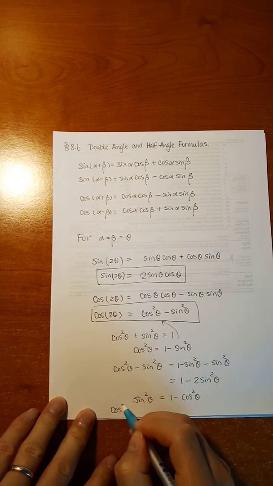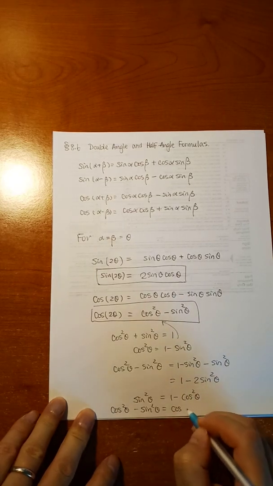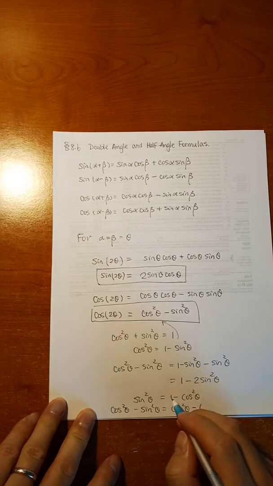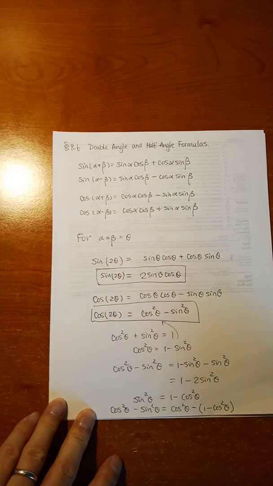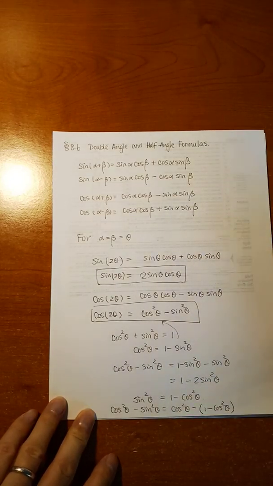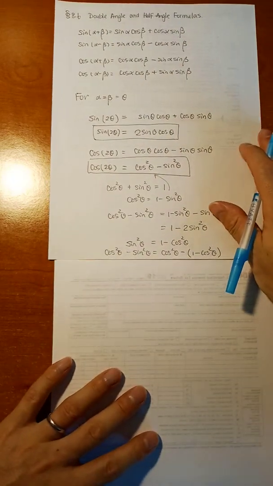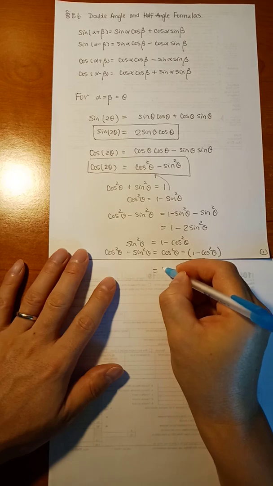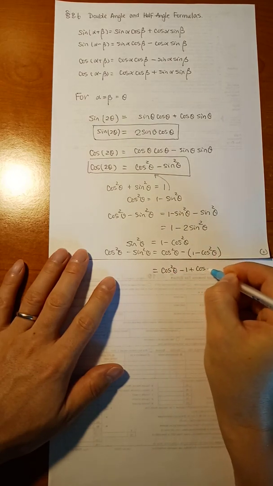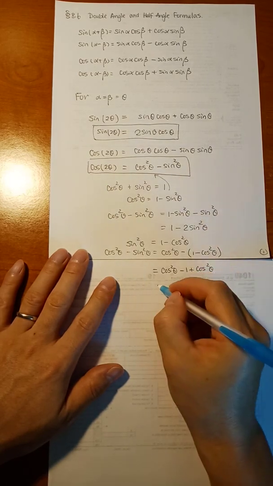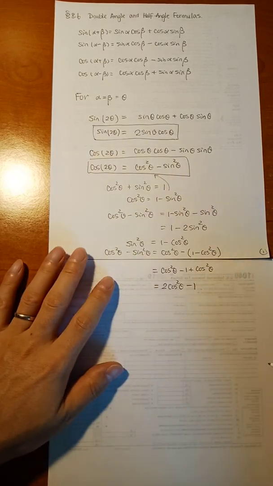Cosine squared theta minus sine squared theta is equal to cosine squared theta minus parenthesis 1 minus cosine squared theta. Let's simplify: it's cosine squared theta minus 1 plus cosine squared theta, so it's 2 cosine squared theta minus 1.